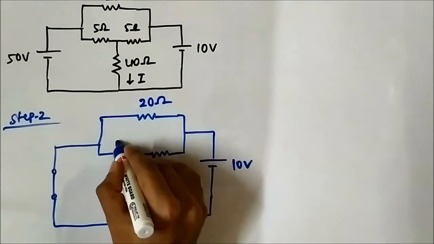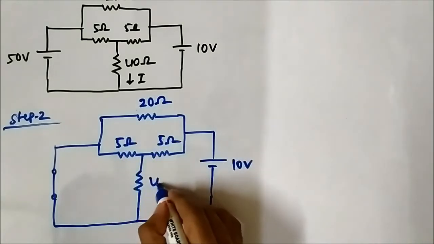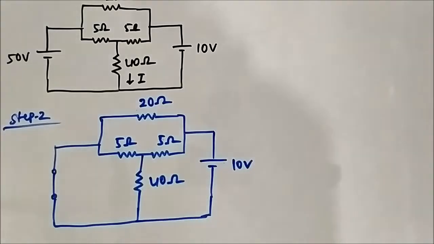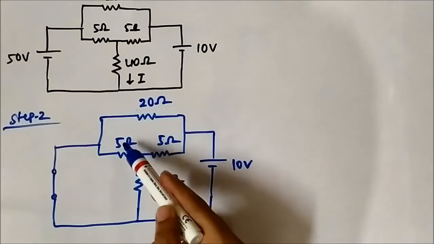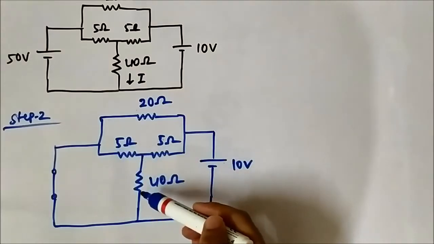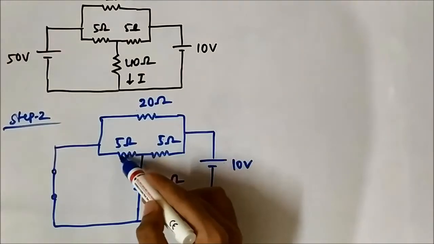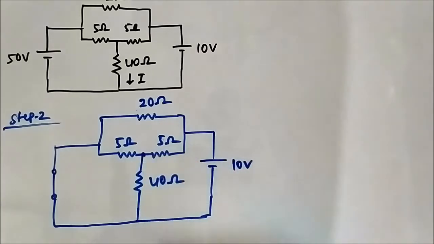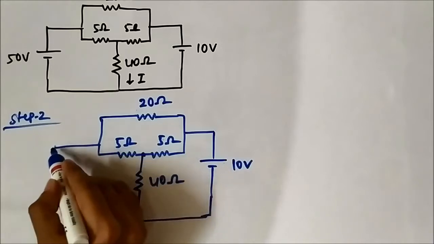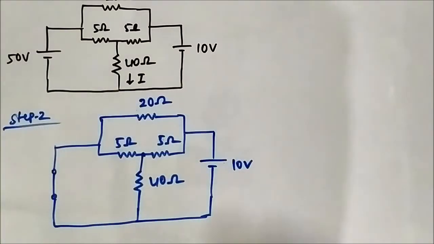20 ohm, 5 ohm, 5 ohm, 40 ohm. Okay. So now again, if you pay attention to this 5 ohm resistor and this 40 ohm resistor, these two ends are connected at one point, and these two ends are shorted because of this 50 volt voltage source short circuited.